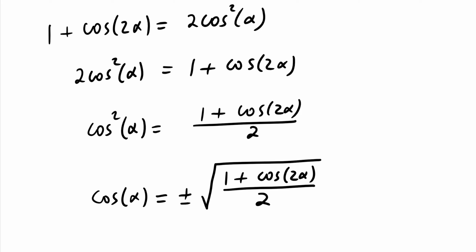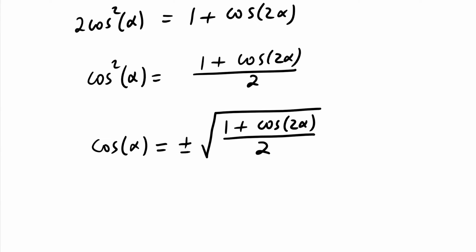But I need to find a formula for cosine alpha over 2. So this is what we're allowed to do. When we write cosine, we never just write cosine. You have to follow it with something. The number between the parentheses is the angle. If I look throughout the entire equation, I see another angle here, 2 alpha. We are allowed to multiply or divide these angles by any number we like, except 0, of course.